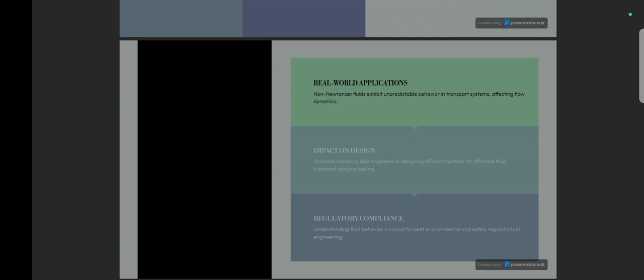There are some key points, like polymer processing. Polymer melts and solutions exhibit non-Newtonian flow behavior such as shear thinning or shear thickening, making their modeling complex.